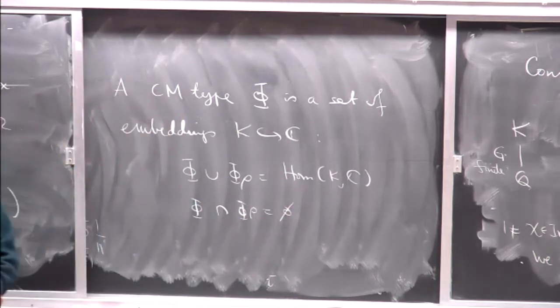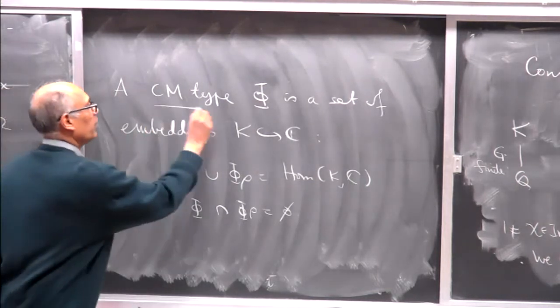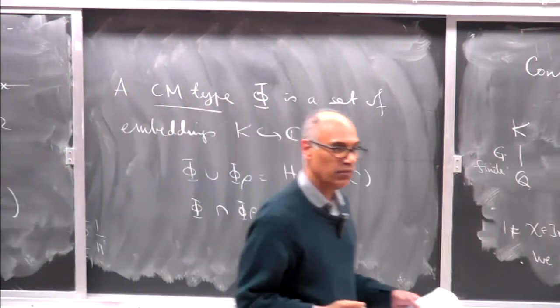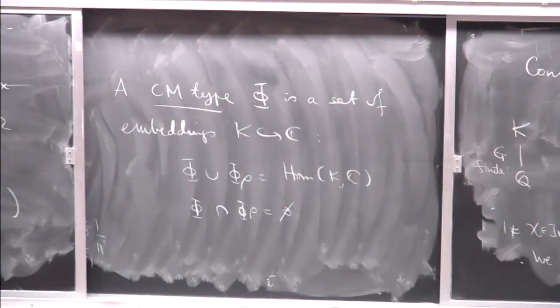That means for the set of embeddings, you take one from each complex conjugate pair. That's called a CM type. Now it turns out whenever I have that situation, a CM field and a CM type, I can create an isogeny class of abelian varieties.